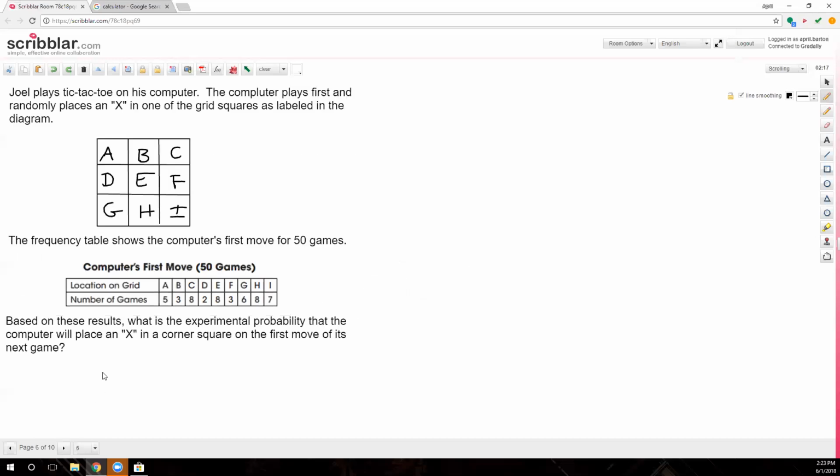So they can make it a little more complicated, but again, always go back to what do we want to happen over the total. No matter what else is going on, what we want to happen over the total ways it can. So this situation, Joel plays tic-tac-toe on his computer. The computer plays first and randomly places an X in one of the grid squares as labeled in the diagram.